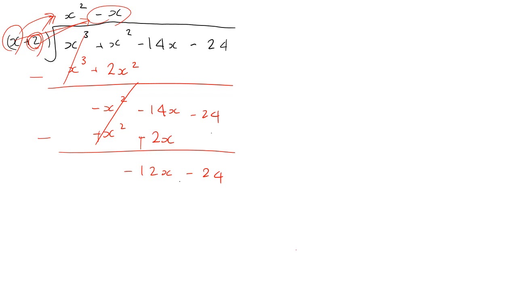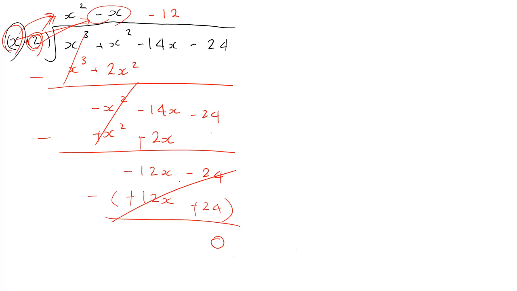Okay, find out how many times x fits into negative 12x. It fits negative 12 times. So negative 12 times x is negative 12x, 2 times negative 12 is negative 24, and subtract. That becomes a plus and a plus, and these all cancel out, and we have a remainder of 0.